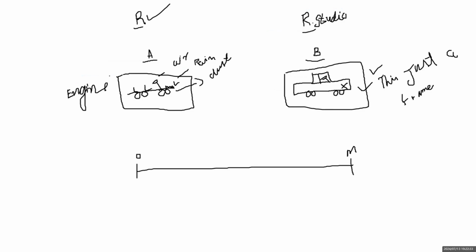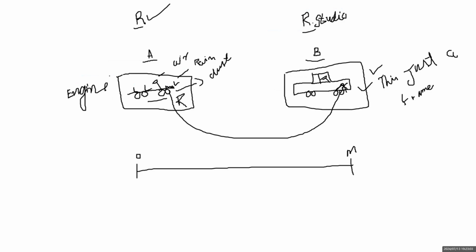So this is the frame, this is the R programming, this is the R, or you can say it is the engine, and this is the frame. You need to take the engine within the frame. If you fit the engine of R within this frame of R Studio, then your journey is safe and you can do your task very easily.